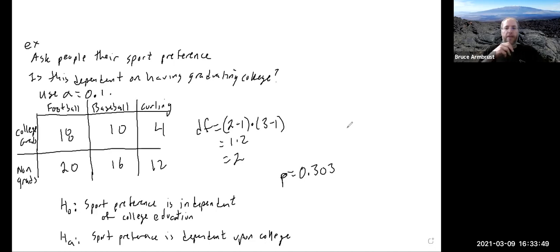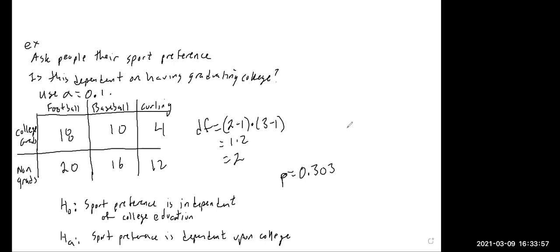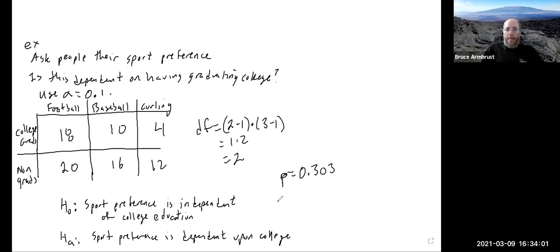Are we going to reject or fail to reject? Good, yep, we're going to fail to reject.